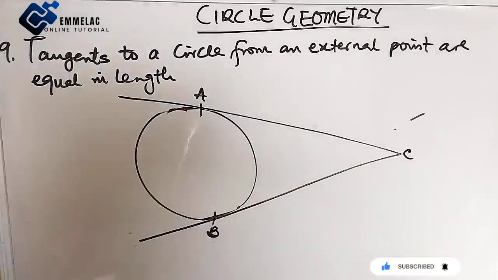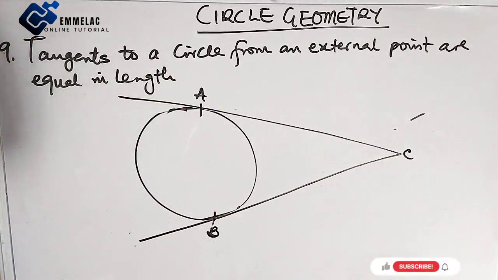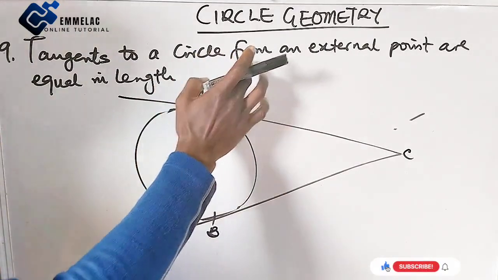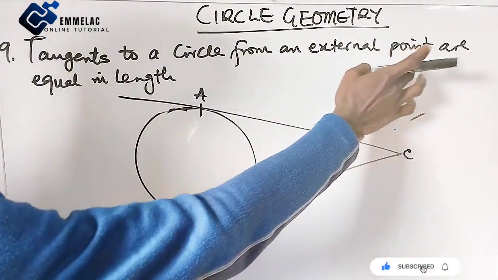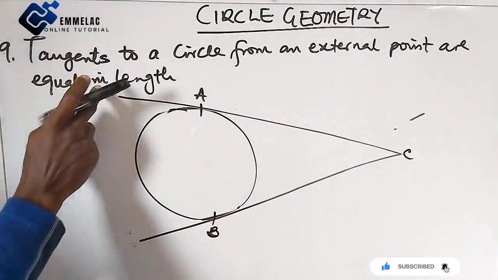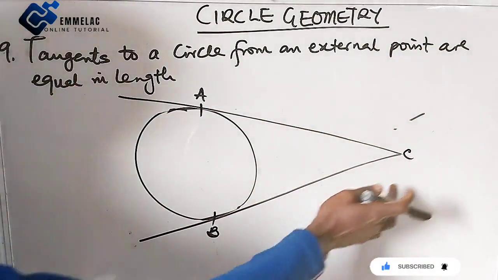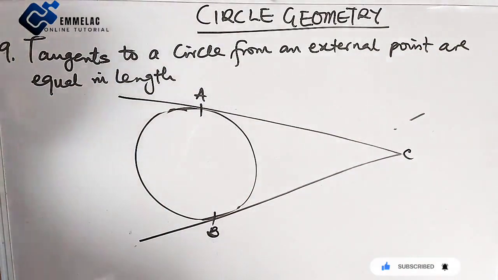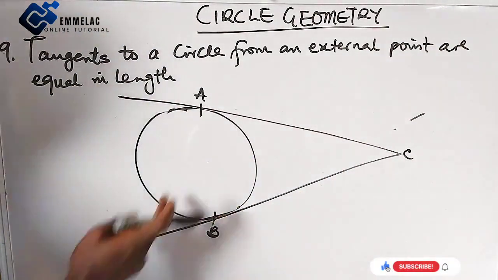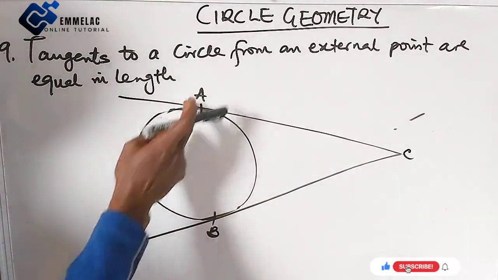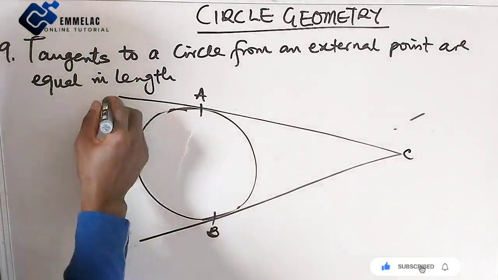All right, for theorem 9, it says the tangents to a circle from any external point are equal in length. Now here is that external point C, that runs through and meets the circumference of a circle. So this is the tangent.